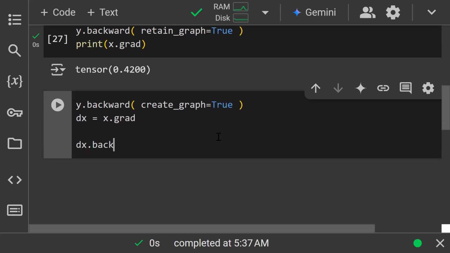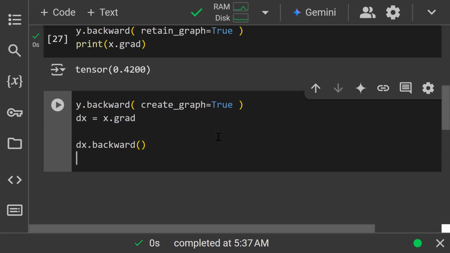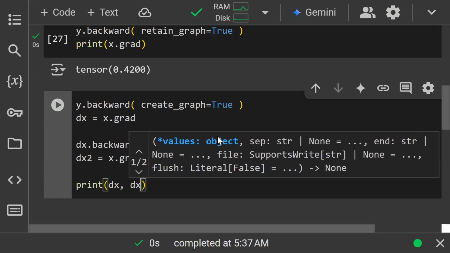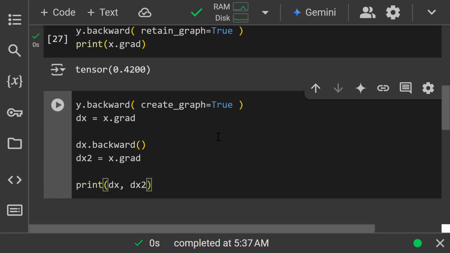You do dx.backward. And then the second derivative is x.grad, not dx, x.grad. And in that way, you can compute the second order derivative of the tanh function.